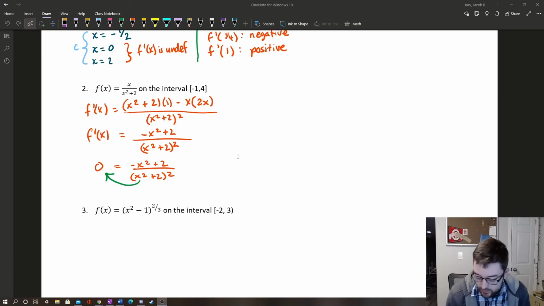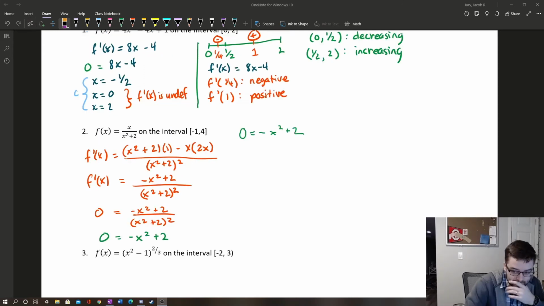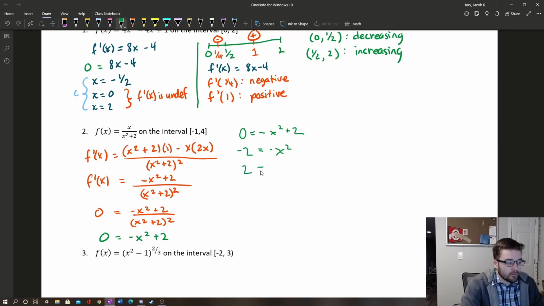That's because I multiplied everything by x squared plus 2 squared. Man, there's a lot of 2's. All right, so we are solving for this 0 because we want to know what the critical points are. So I'm going to subtract 2 from this side, divide by negative 1, and then take the plus or minus square root.